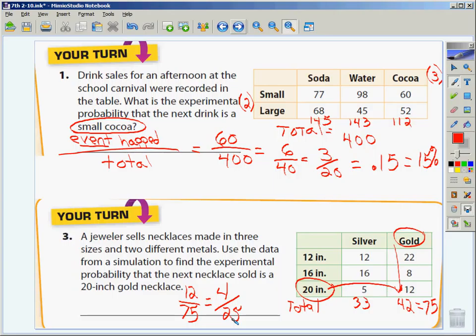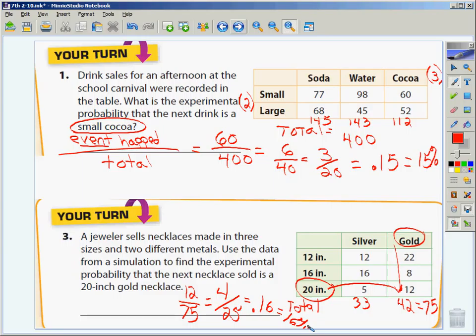It doesn't say, so I would take it this way, or this would be 16% or 0.16. And I would take any one of those explanations.